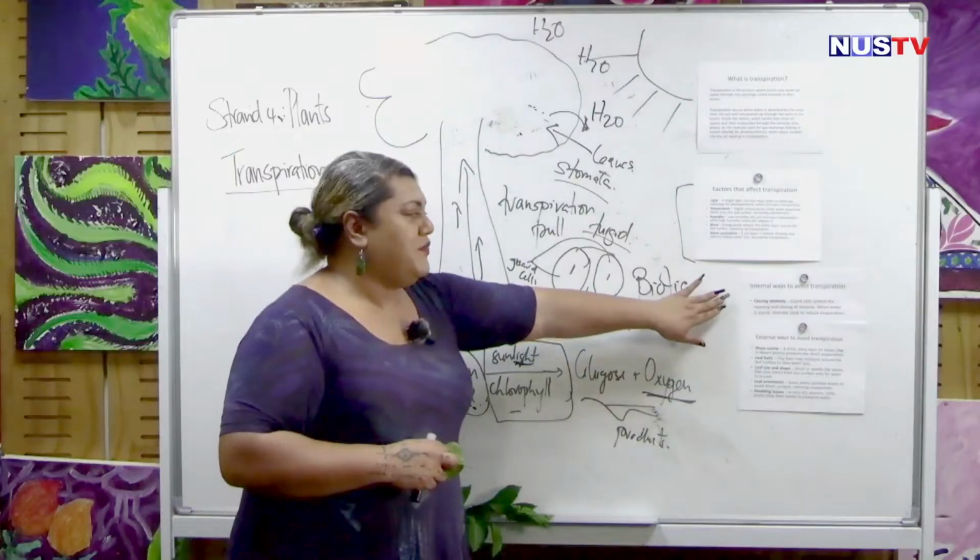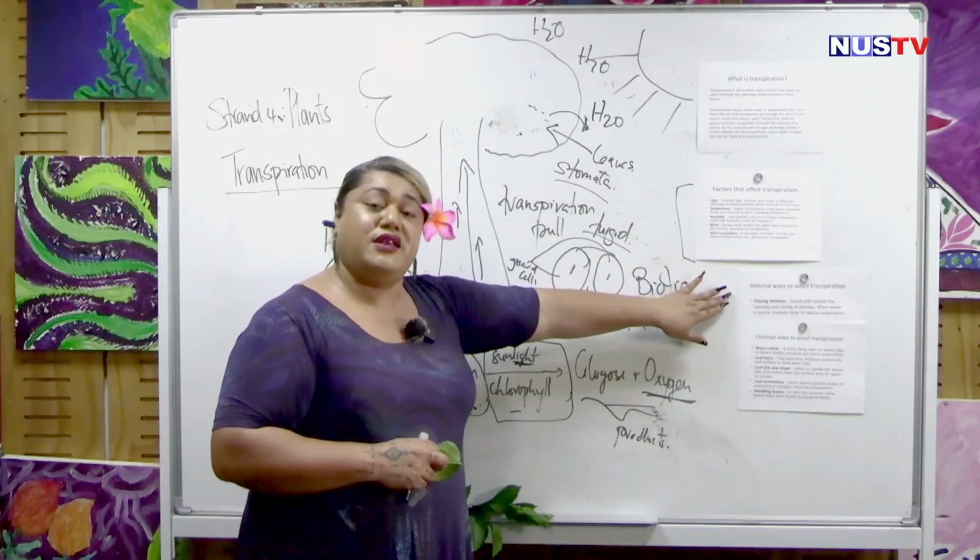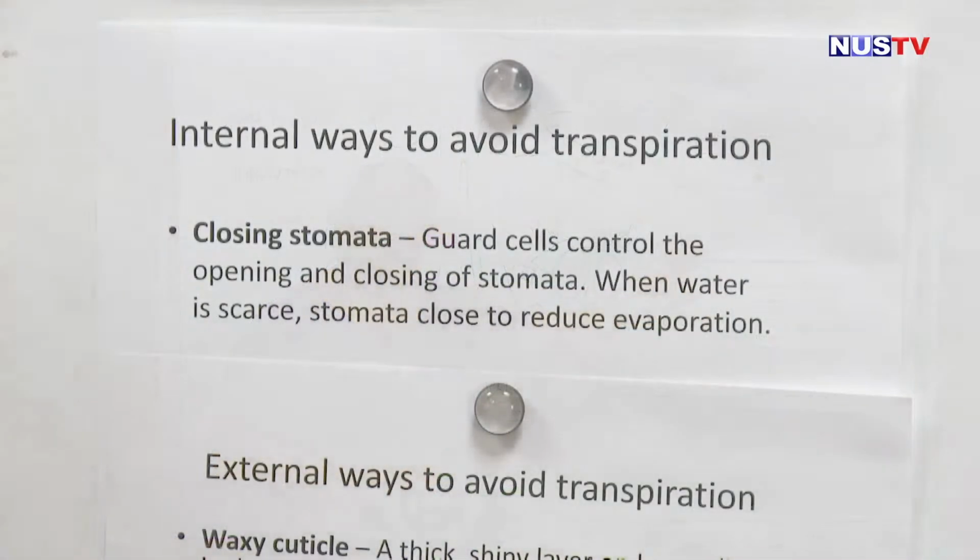So the internal way to avoid transpiration is to control the stomata.